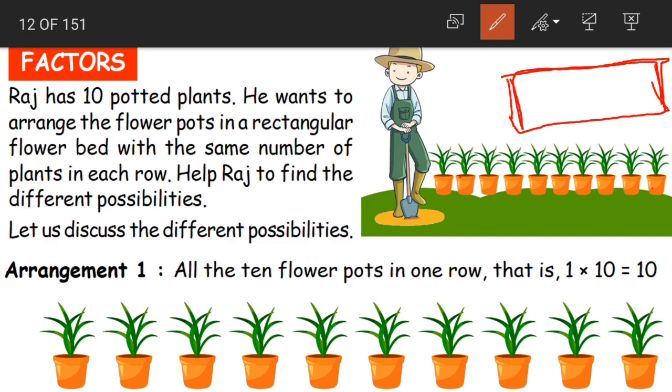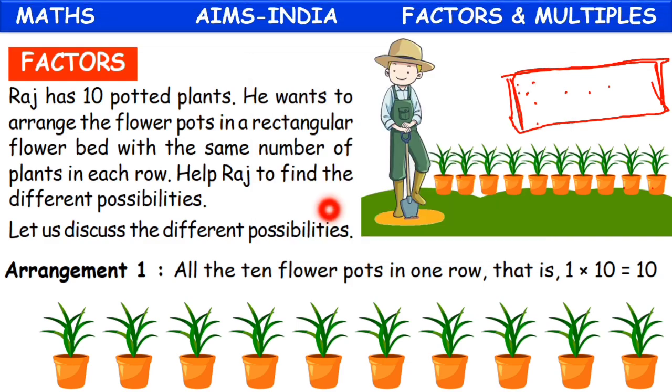And how should he arrange? That there are same number of flower pots in each row. Understood children? In each row there should be same number of flower pots. Now we should help Raj to find out the different ways in which he can arrange them. Let us discuss the different possibilities.